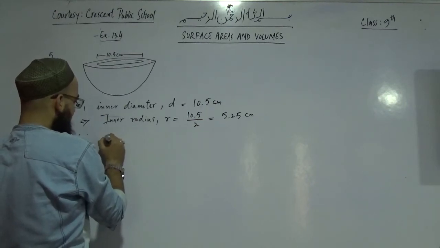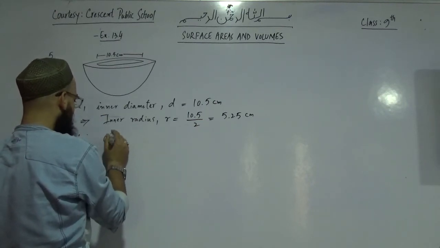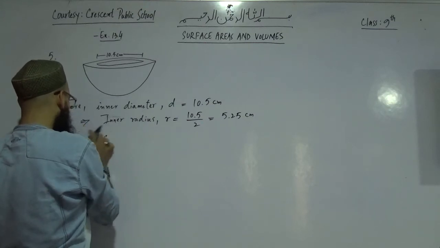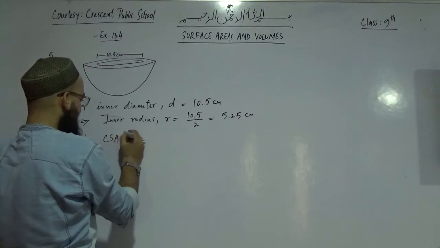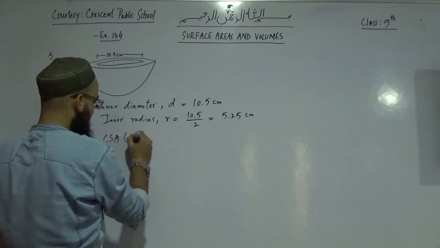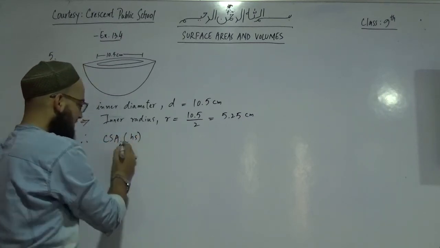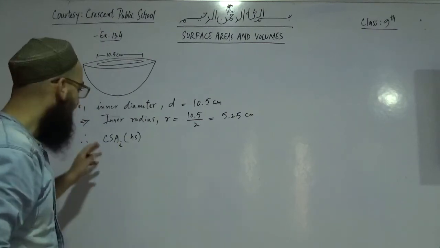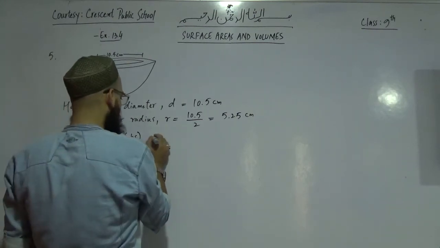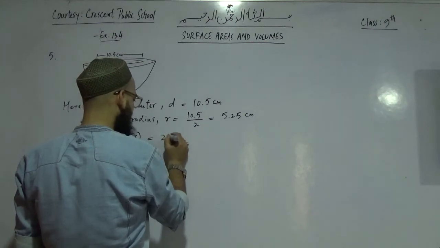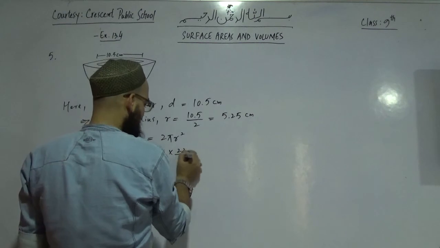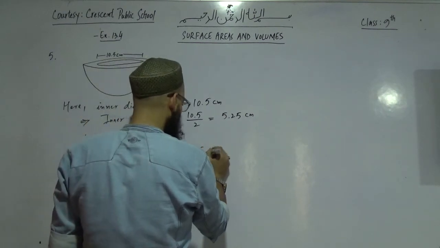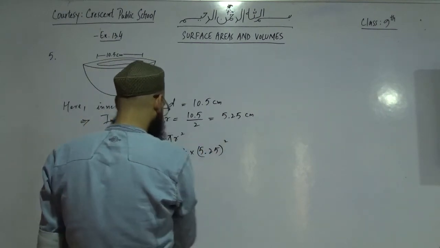Since curved surface area, write down therefore curved surface area of hemisphere, inner curved surface area, you got it? CSAI, inner curved surface area of hemisphere, is equal to 2πr², that is 2 times 22 by 7 times 5.25 square.